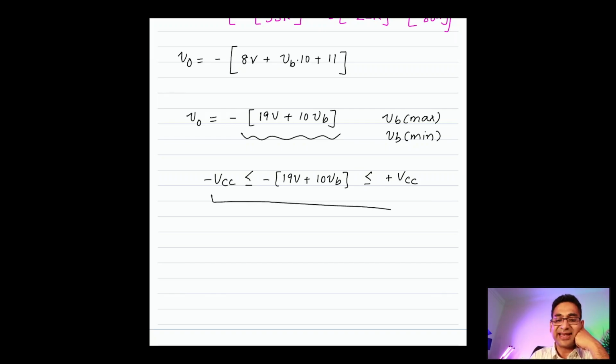That is when it is in linear region, right? That's all there is to it. Whenever they ask you to calculate a range, all you have to do is to put the output expression within this inequality. Okay, it should lie between the power supply voltages.